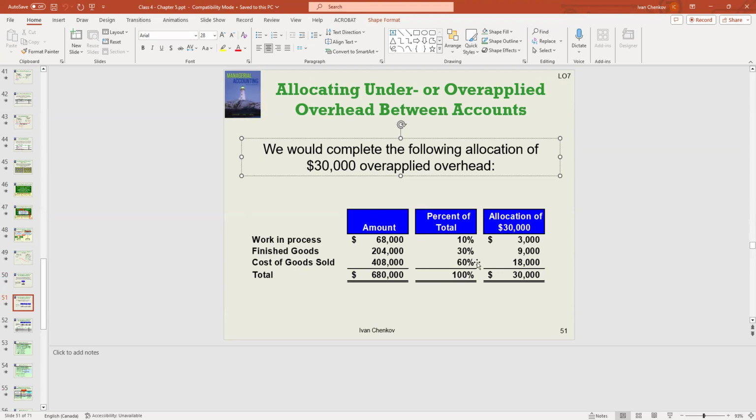And the rest, 60%, is going to go to cost of goods sold. What will be the effect in those accounts? They're going to reduce those balances. Why? Because we over applied the overhead, so we have to reduce those balances to counter the effect of the over applied overhead.